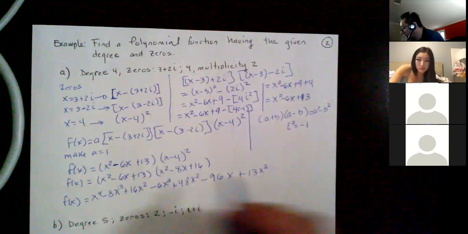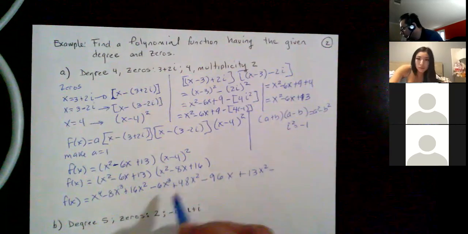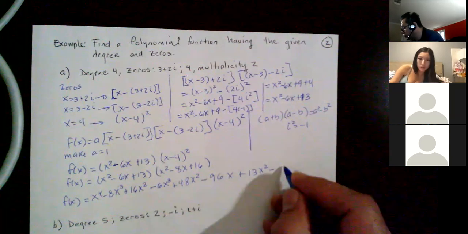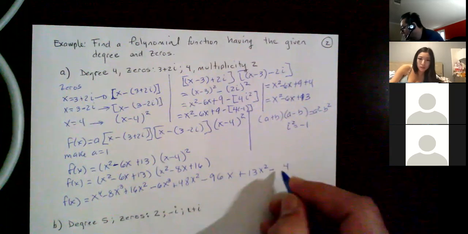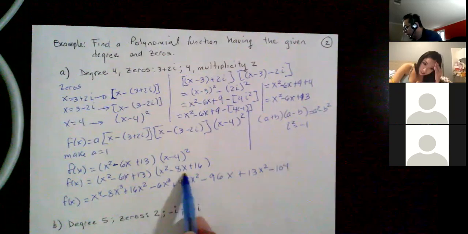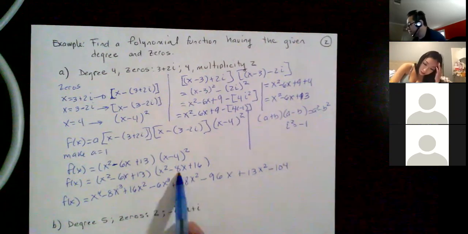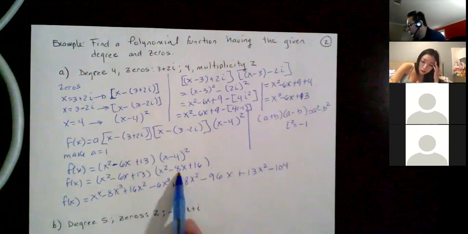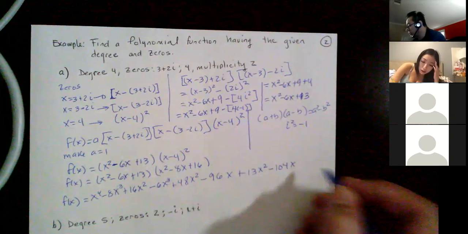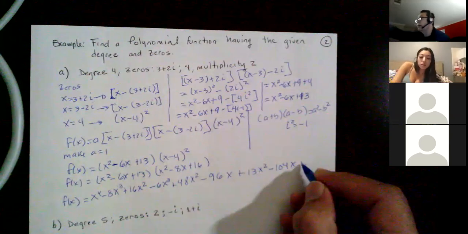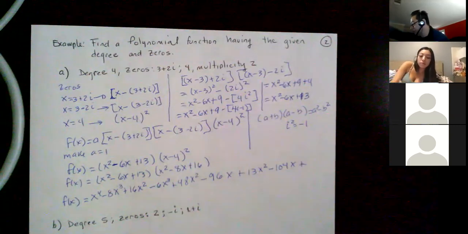That's negative 104x. And what is 13 times 16? Someone said 208. 208.